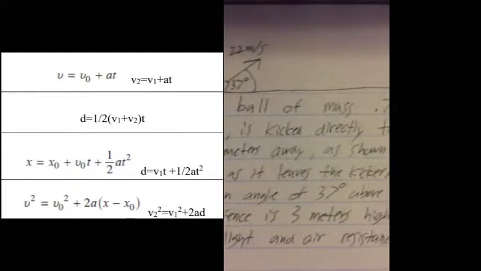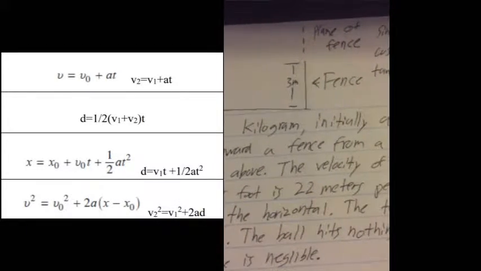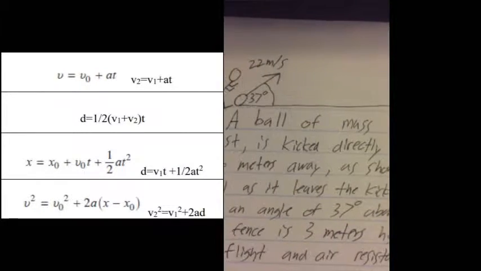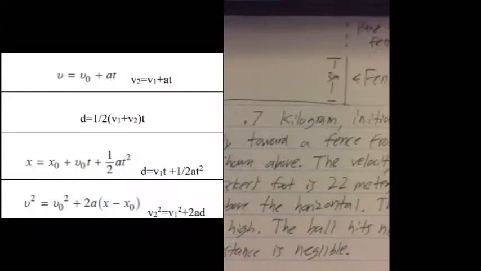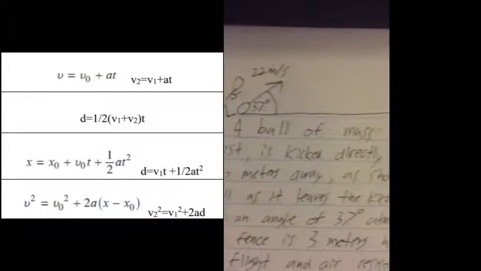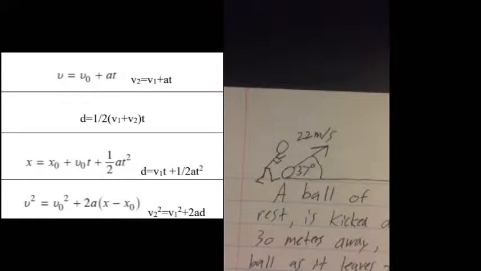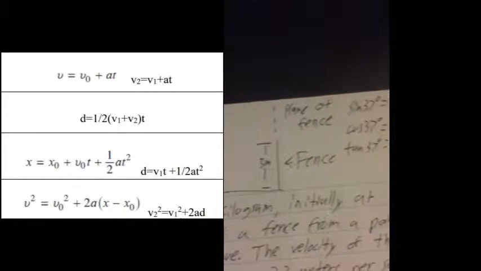And it reads, a ball of mass 0.7 kilograms, initially at rest, is kicked directly toward a fence from a point 30 meters away, as shown above in this very well drawn picture up here.